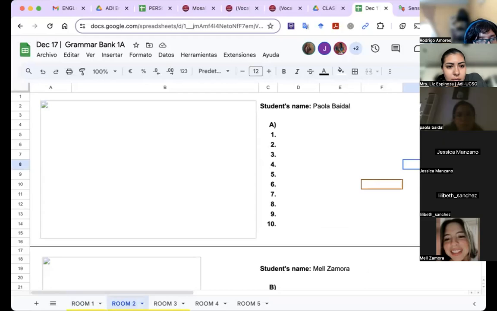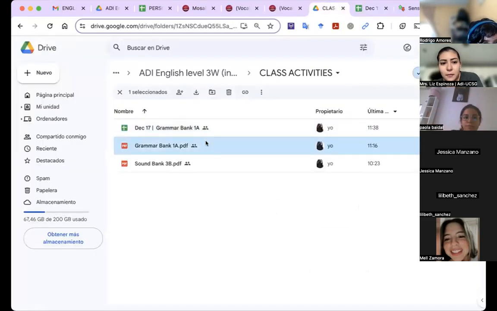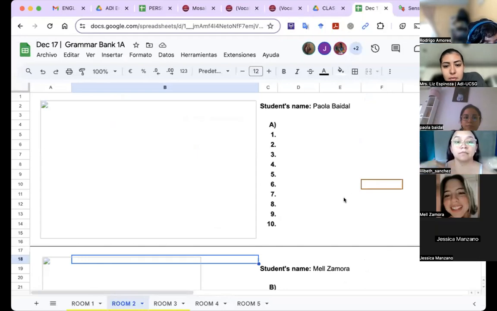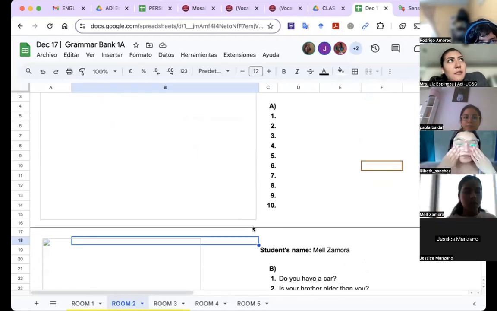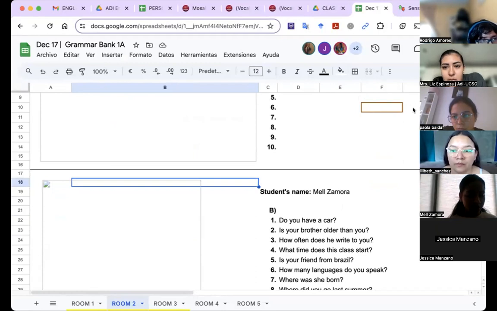Just in case you cannot see the sentences, like in here I cannot see, you can open the PDF, 1A and 1B, okay? 1A here and B here, okay? If you cannot see the pictures. Then in number 2, I have Paola and Mel.